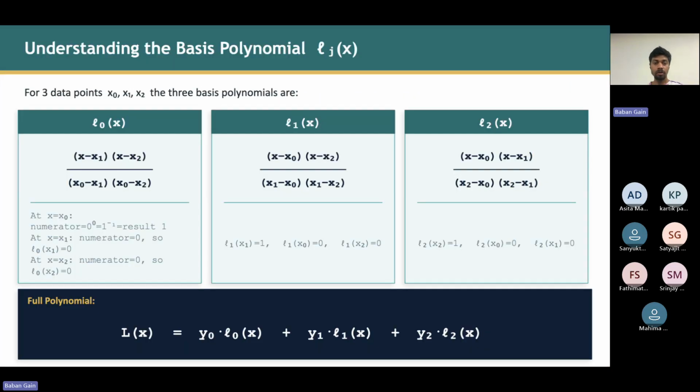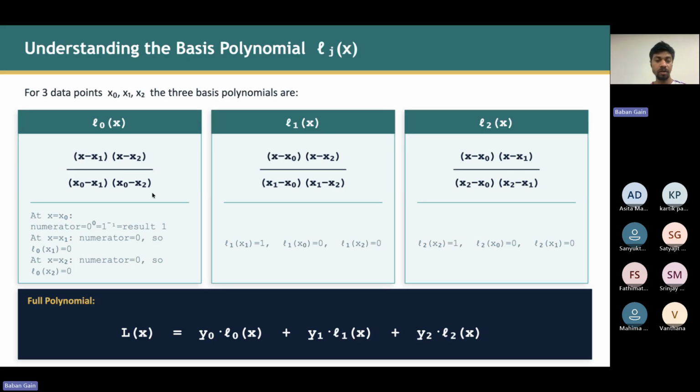equation itself. So before going into the example, one thing to note here is that suppose you have data, you have 3 values, value 1, value 2, value 3. So LJ, it will be like a small l of 0. This small l will be 0 when you are using any other value.